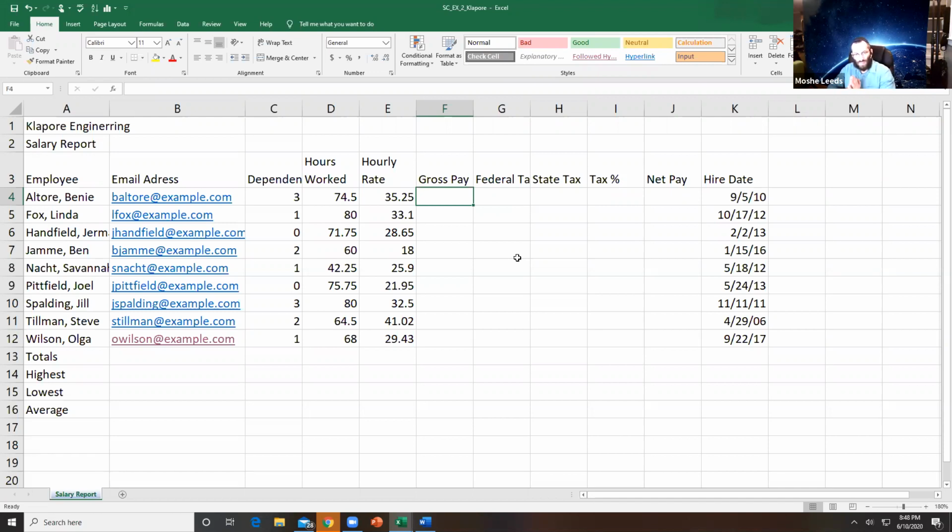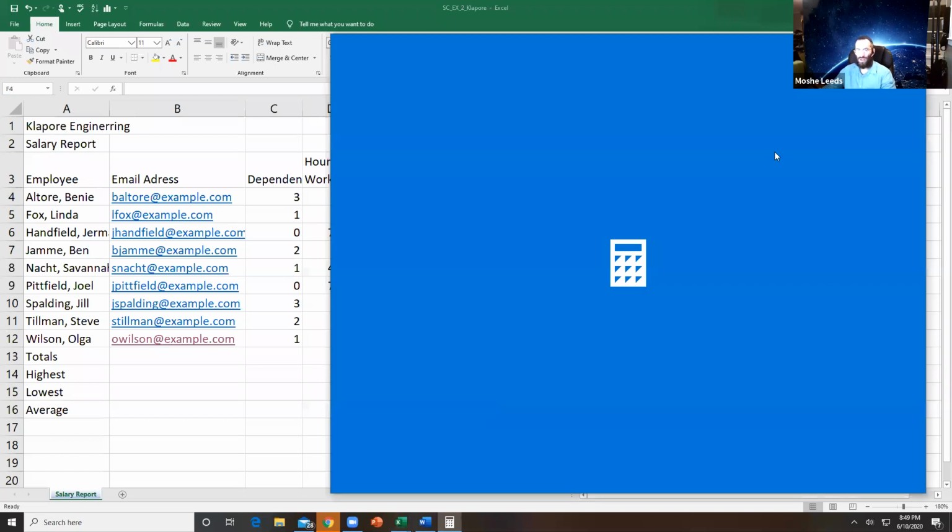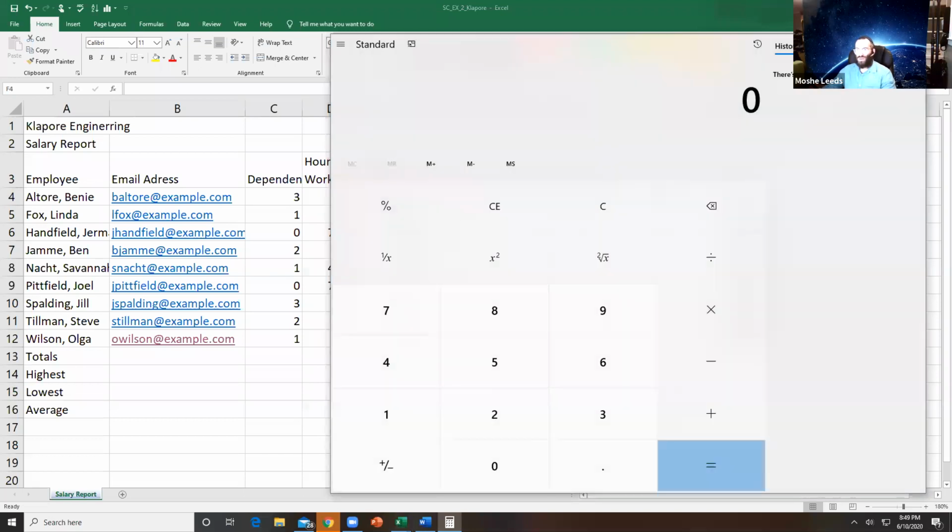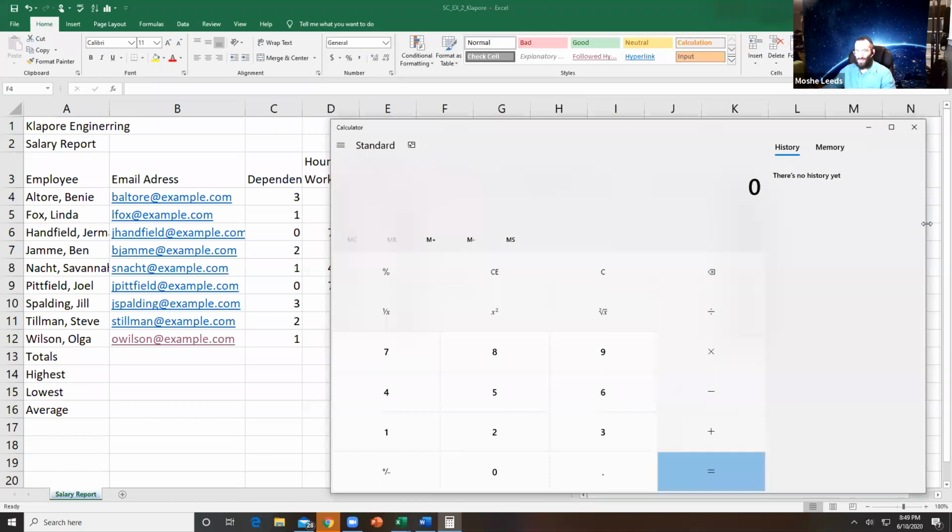Now I'll show you how to do it. I could do it on a calculator, which is pretty simple. Excel is a calculator too, but let me pull up a calculator, this is my old school functionality, from before I knew how to do formulas in Excel.